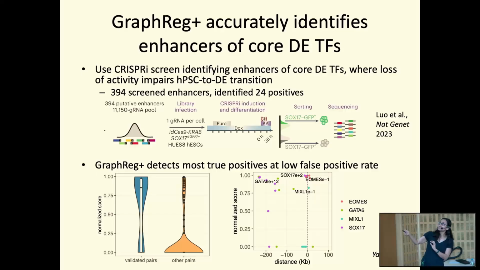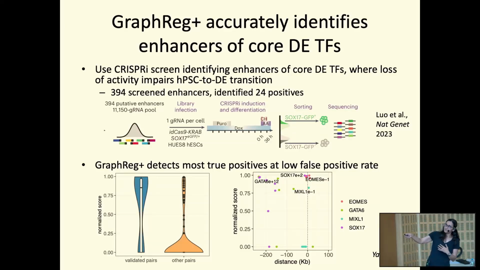So this is testing 394 enhancers, and there were 24 positives associated with this defect in differentiation for 4 different genes, okay? So we know the gene, we know the enhancer, and we can see if GraphReg correctly models it.